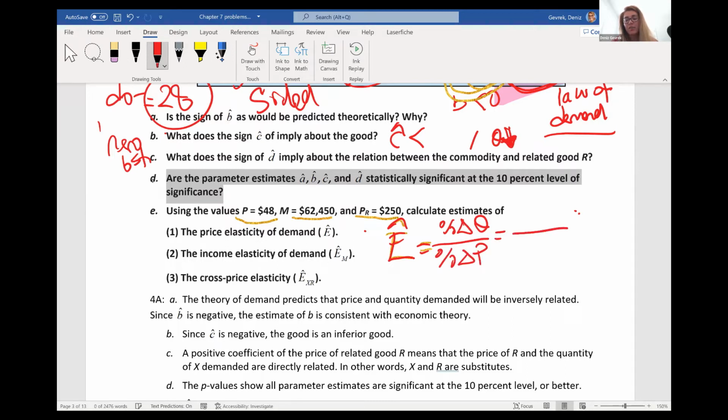So what's the response in quantity to a 1% price change? How can we write this? It's going to be change in quantity, final quantity minus initial, divided by Q initial quantity. Change in price divided by initial price.